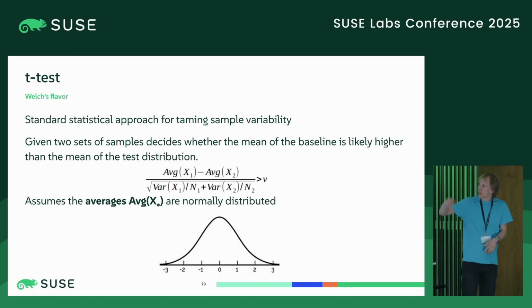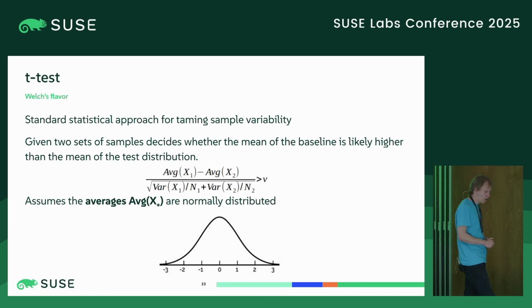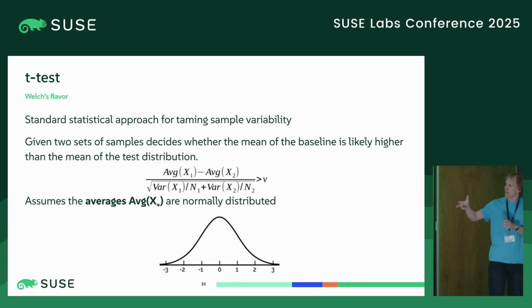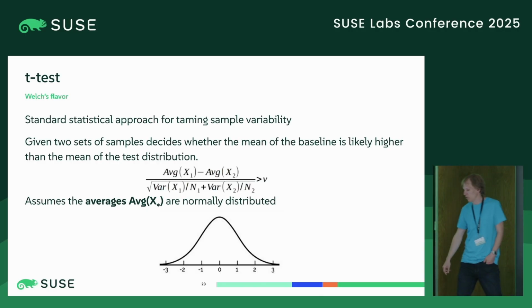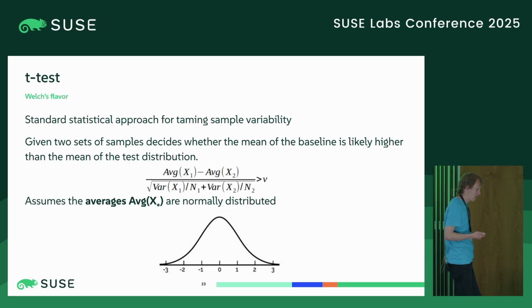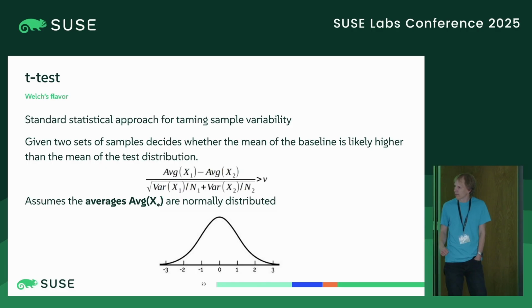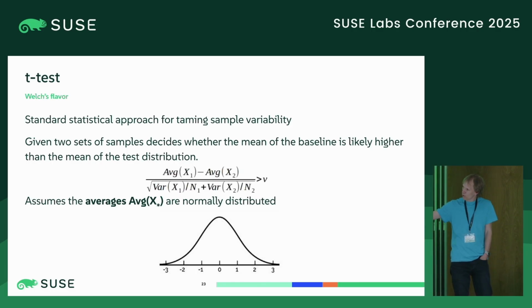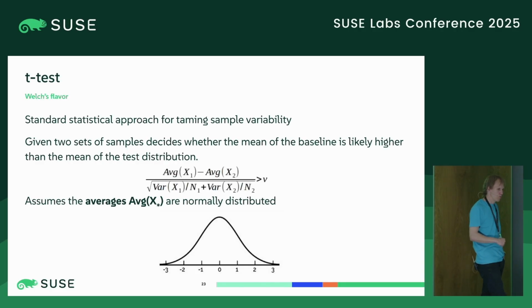But for the t-test to be valid, you need to know that if you compute the average of each sample you take, then the averages will follow the normal distribution. Normal distribution is this shape over here. Everybody probably knows this. It's otherwise called the bell curve or Gaussian distribution. It's this nicely symmetrical distribution that's well concentrated around the average value.